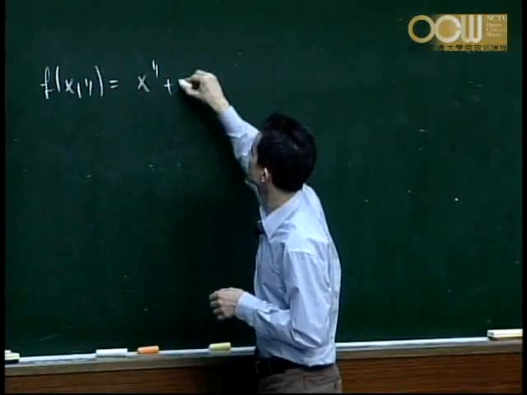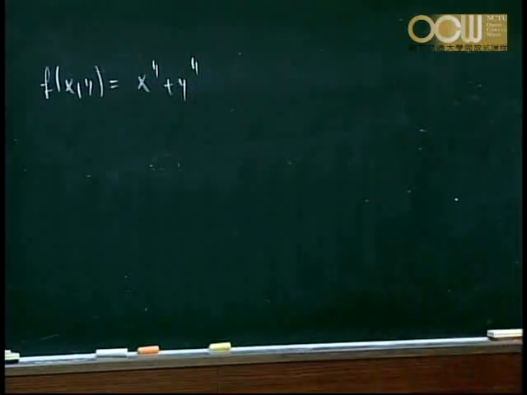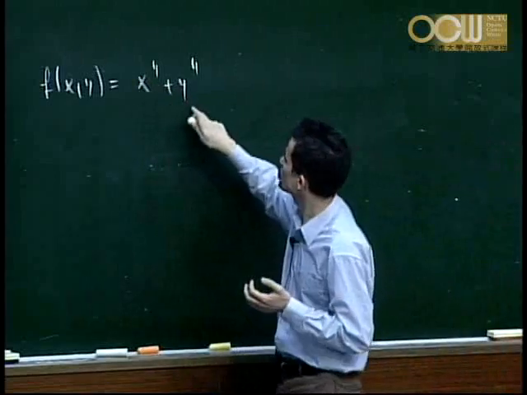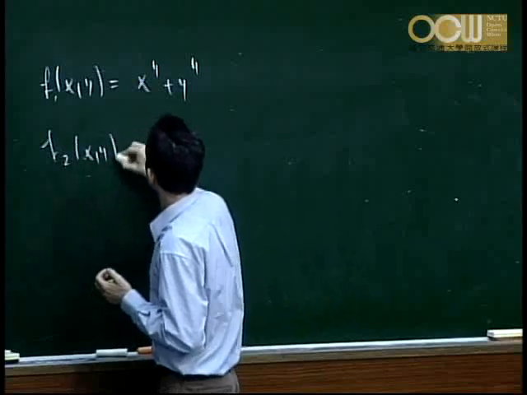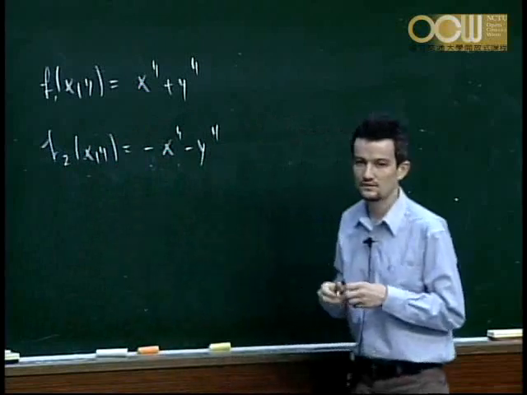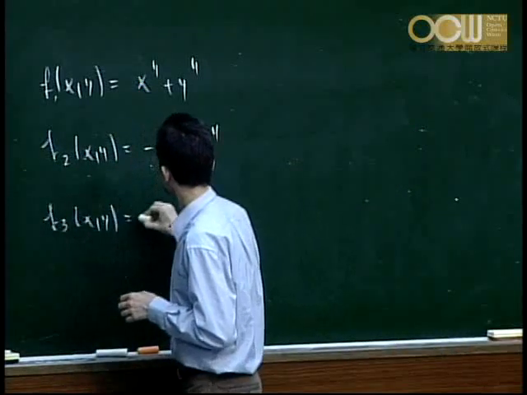You look at this function. It's kind of the same idea as for a function of one variable. You choose the exponent here large enough. So for this one, this is the first one, then you choose this one, and the third one you choose this one.